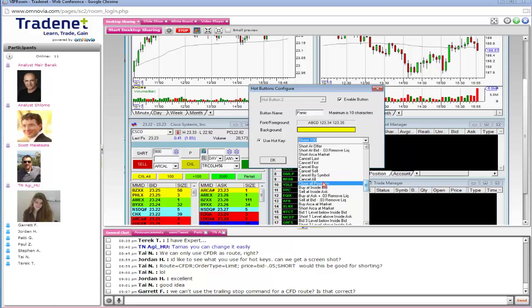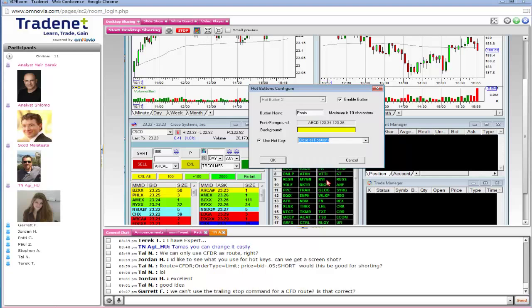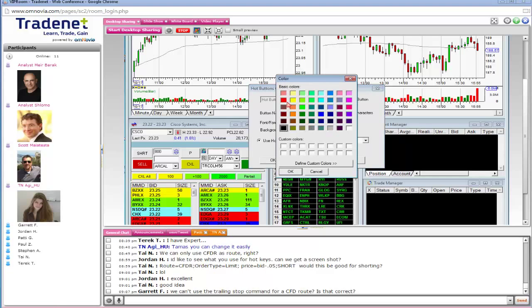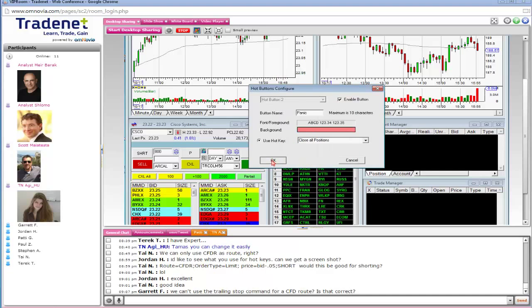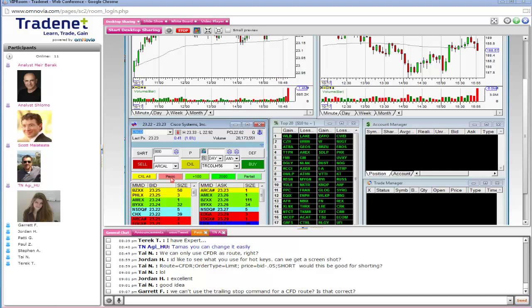Can you see it? This is a panic. Maybe we are going to put it in red, so we will know this is a panic button. That means if I want at one key to liquidate everything that I have, let's say I have 3 or 4 positions here, I click on the panic, and it's going to close every position you have.